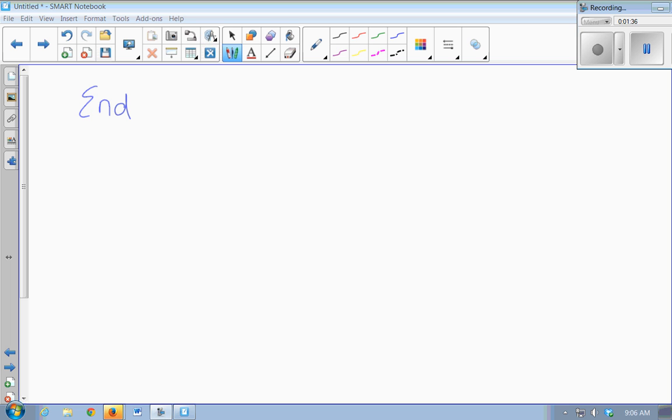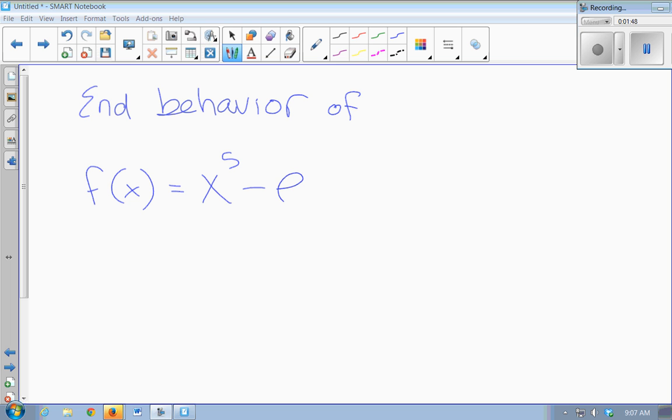Can everybody read that? Okay, good. End behavior of the function f of x equals x to the 5th minus e to the x. Okay, so basically we want to know what happens as x approaches infinity and what happens as x approaches negative infinity. So we'll do infinity first.